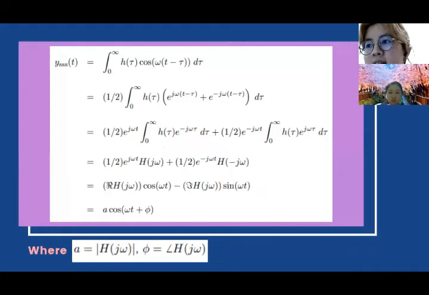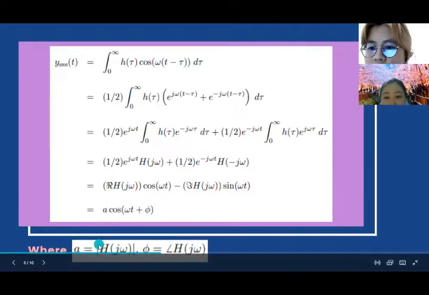So, assuming that the system is stable, the sinusoidal steady state response can be expressed through this equation, where we break it down until we get this equation, where A is as such.